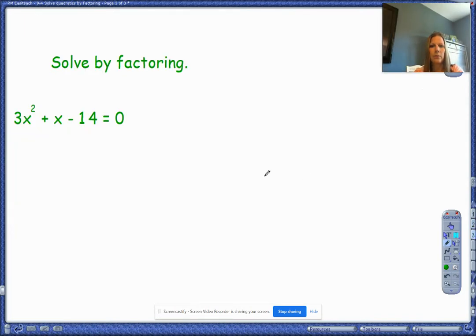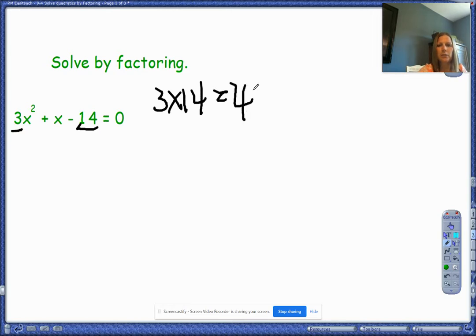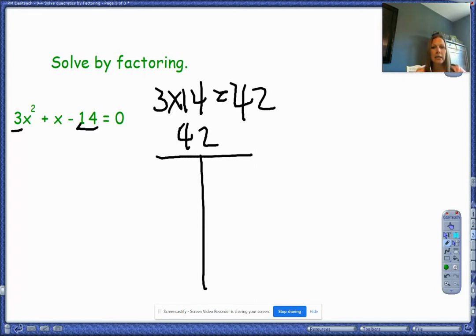Let's do one more. I have this problem that I have to factor. So the first thing I do is a times c, right? So 3 times 14, and that equals 42. So I'm going to list the factors of 42. And they need to add up to be 1.